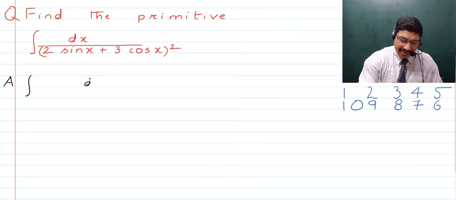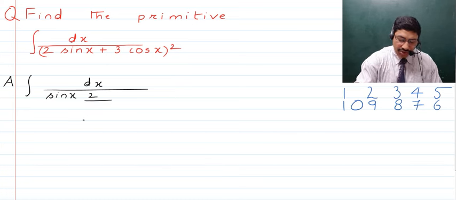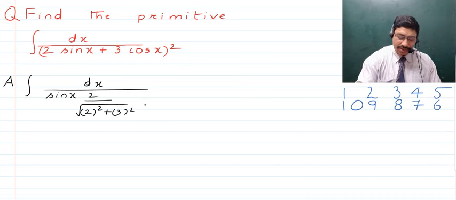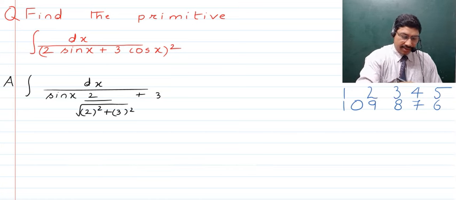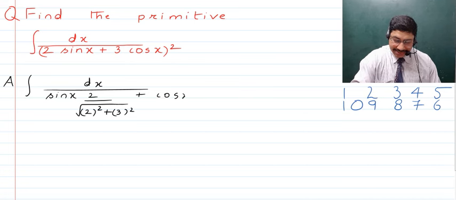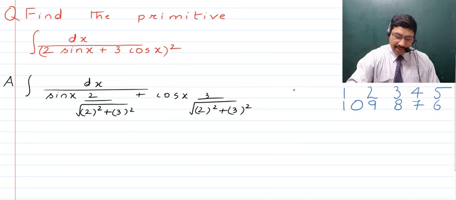If say we write this to be dx divided by [sin x multiplied by 2 divided by root of 2 square plus 3 square, and to that is to be added 3 cos x times 3 upon root of 2 square plus 3 square], right?